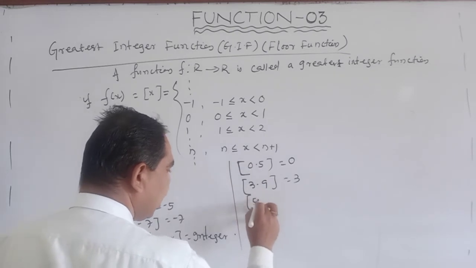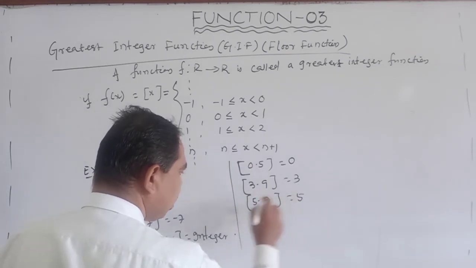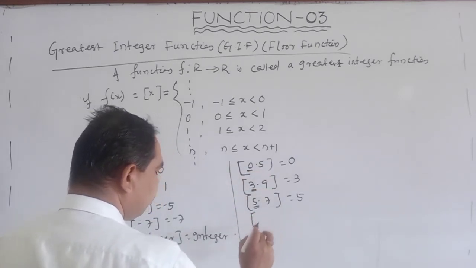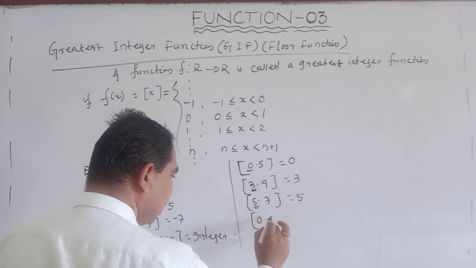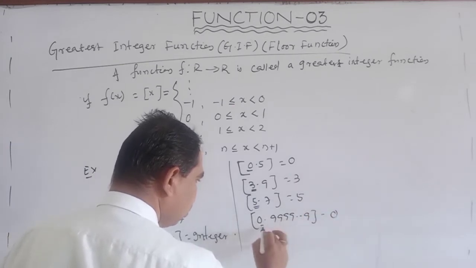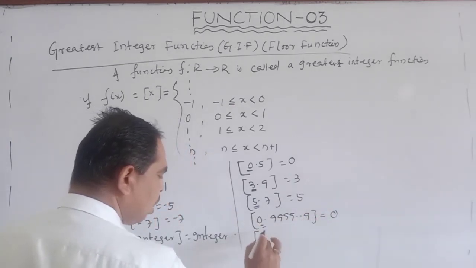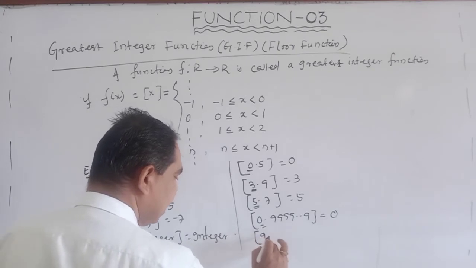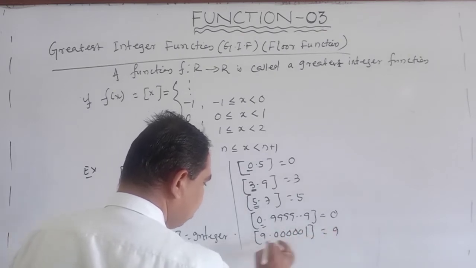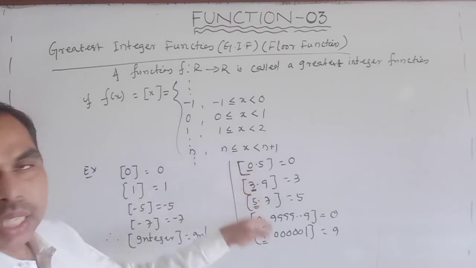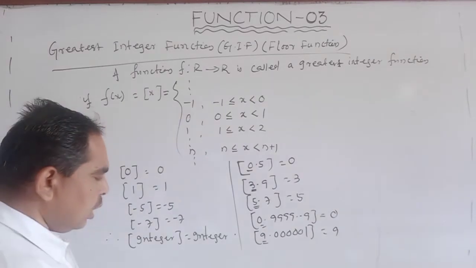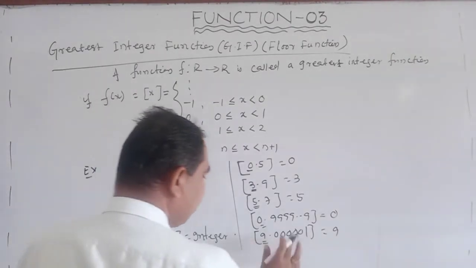Square bracket of 9.00001, so 9, we take only the integral value. For positive values we take only the integral part.